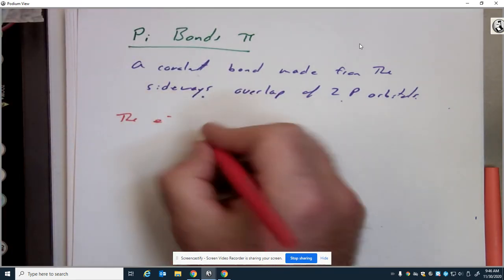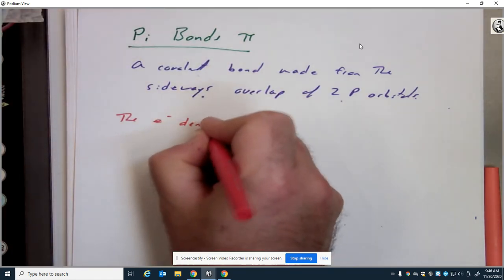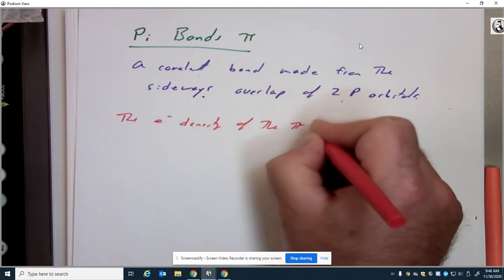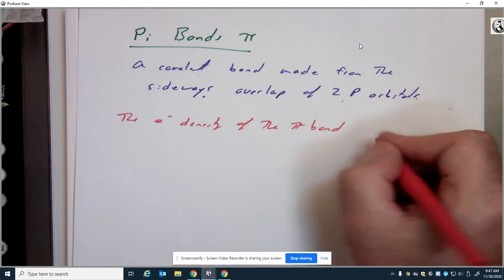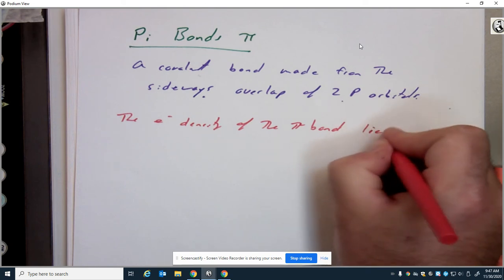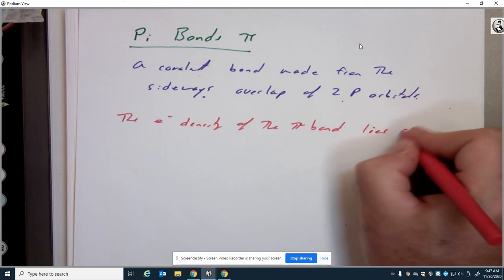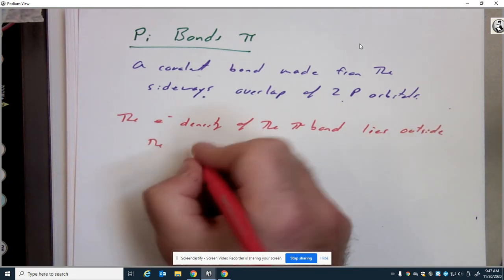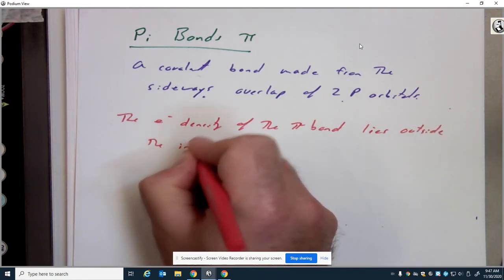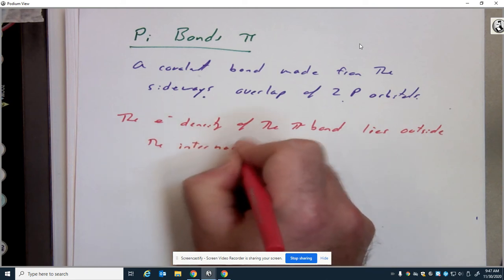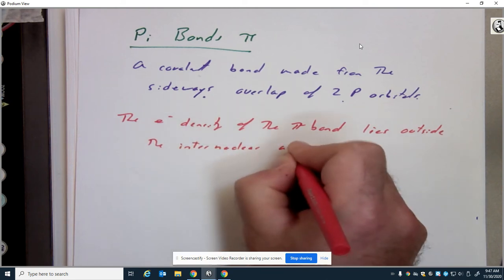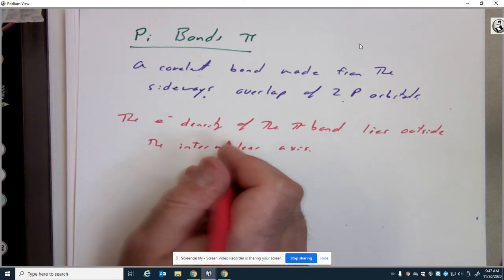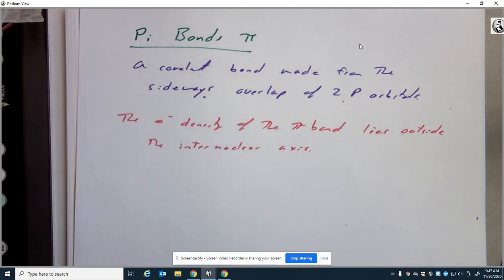The electron density of the pi bond lies outside the internuclear axis. So my electrons are not on the internuclear axis for a pi bond.